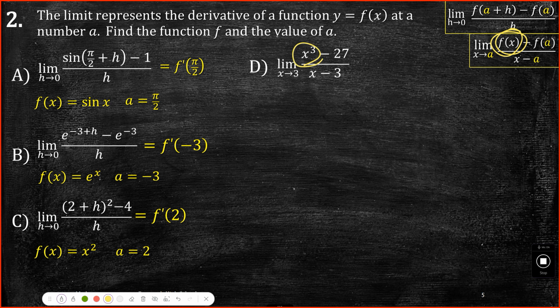So this is f of x, x cubed, evaluated at a equals 3. You get the a diagonally down here. That's just the procedure maybe of getting this quicker.